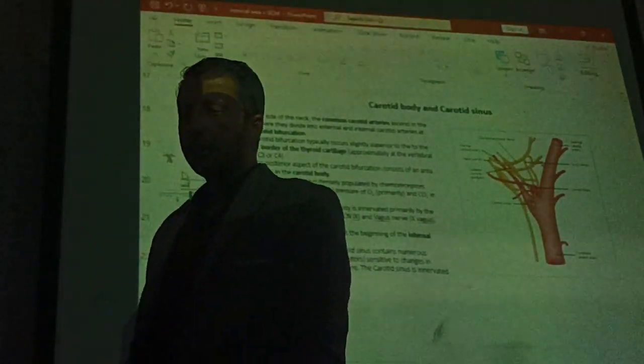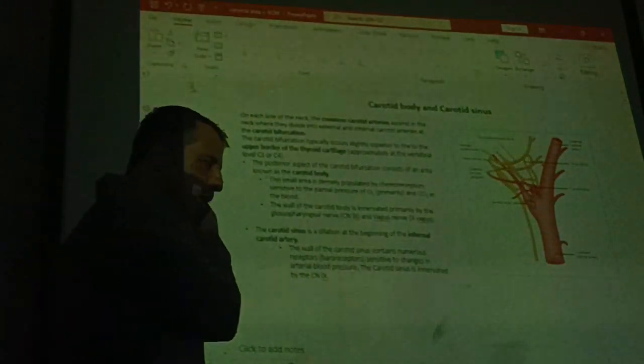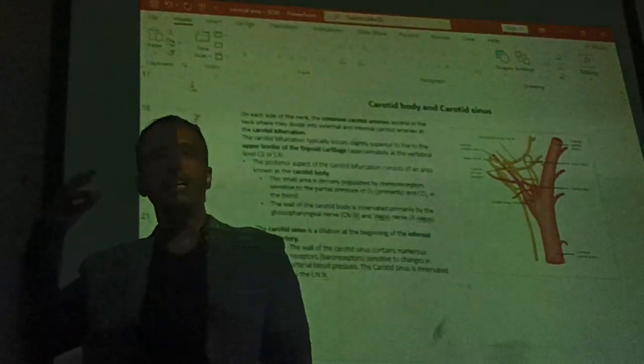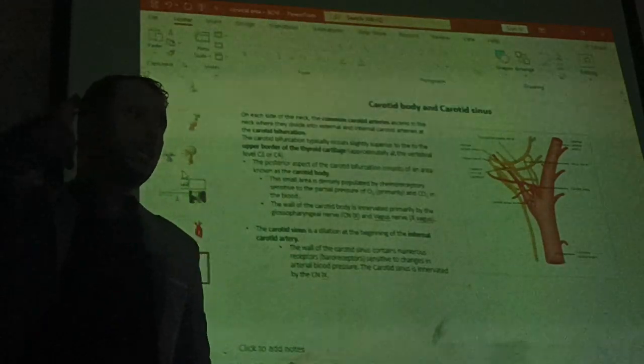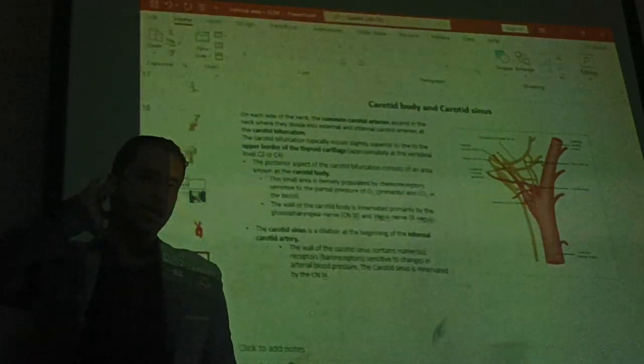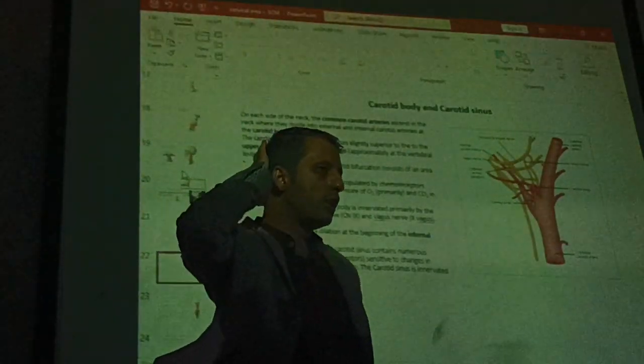The external carotid artery has 8 branches which supply the area of the neck, the area of the face, and also some part of the skull.